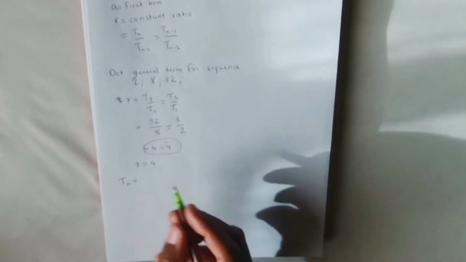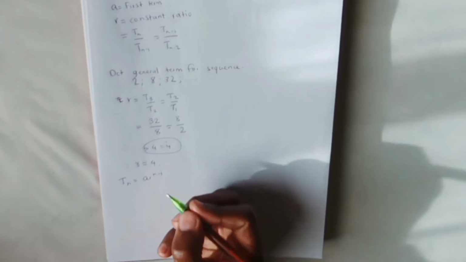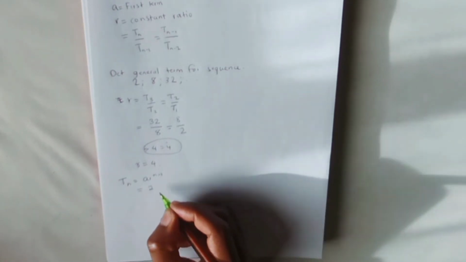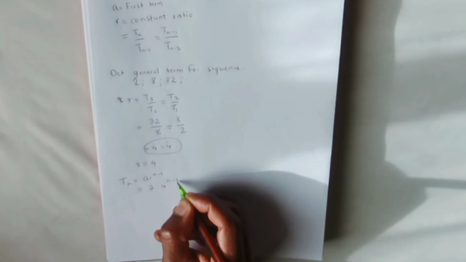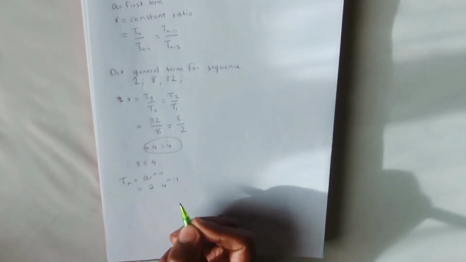So to determine the general term for this, we would say Tn equals ar^(n-1), the first term being, what's the first term? 2, times 4^(n-1), and that's essentially how you would determine this.